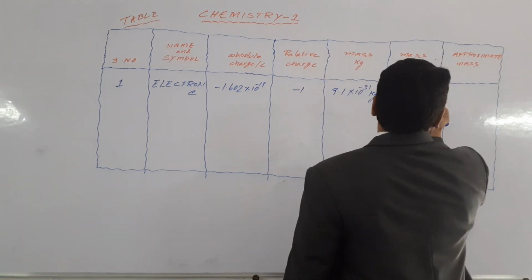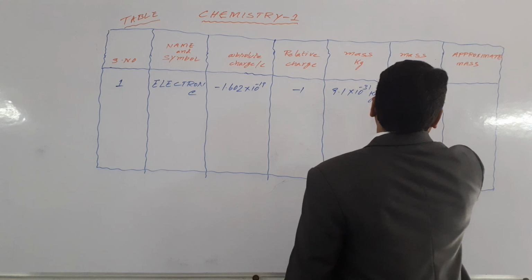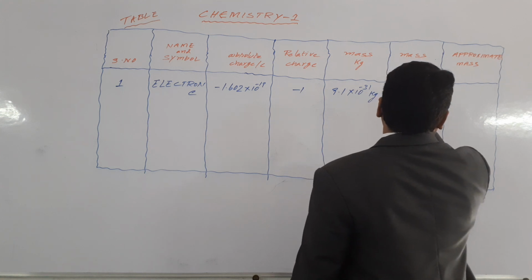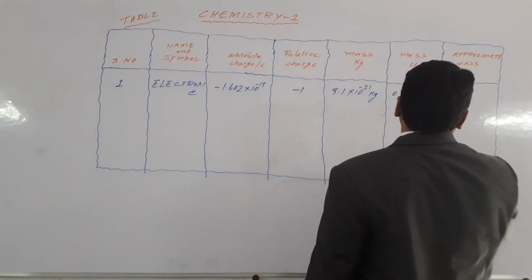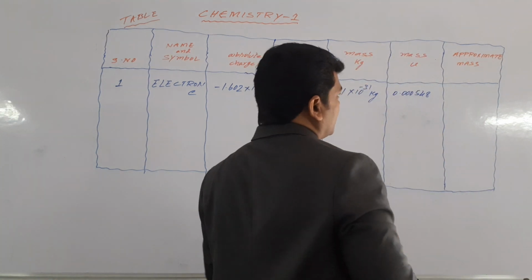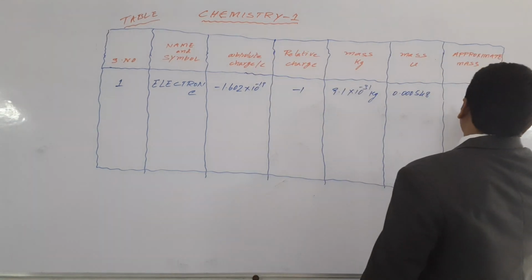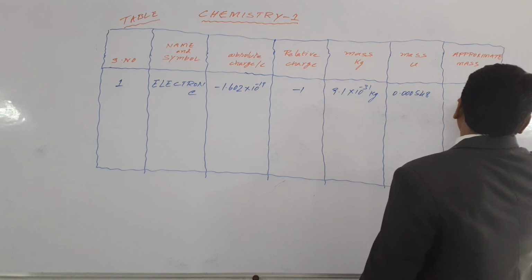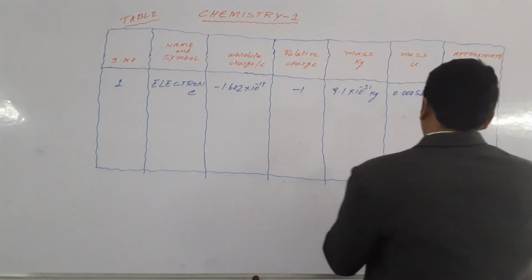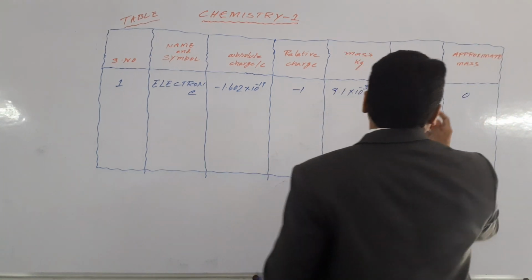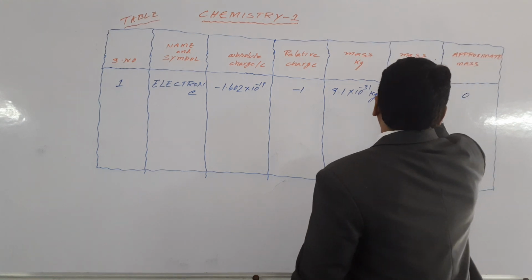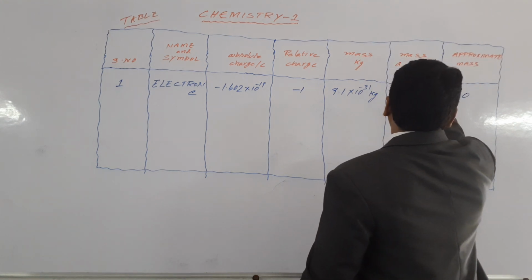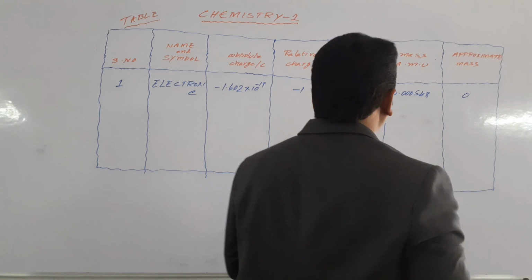Mass in units is nothing but 0.000548 atomic mass units. Approximate mass is nothing but 0. This is a mass we are taking in AMU, atomic mass units.